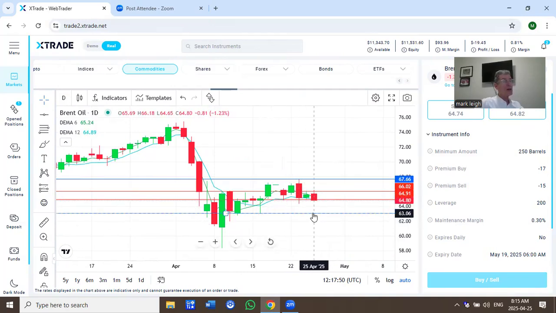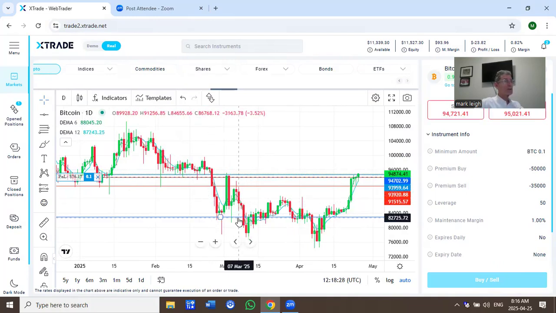The big level on the downside would be 63.06, $63, certainly capable of moving that amount in a day. That's what sellers will be looking for to continue what they've started today. Buyers will look for a bounce up off the support area around 64.81. There's 65. So a bounce up off the 65 area, come up and retest the 66 resistance area and possibly higher.